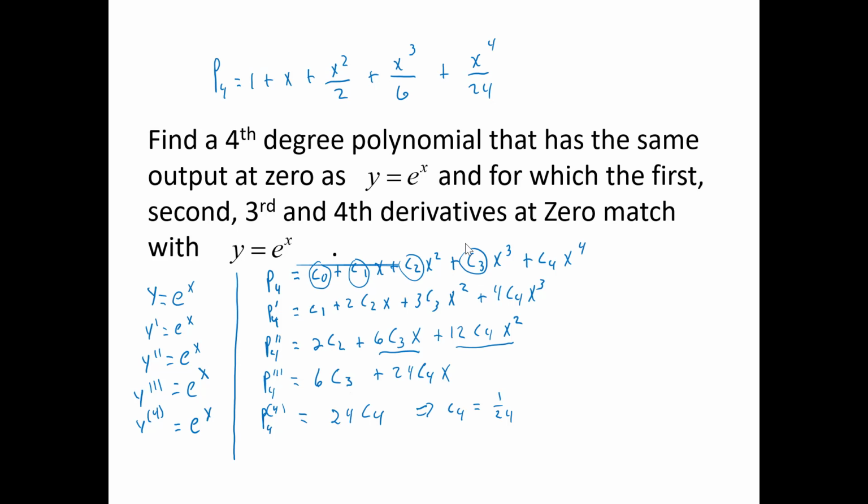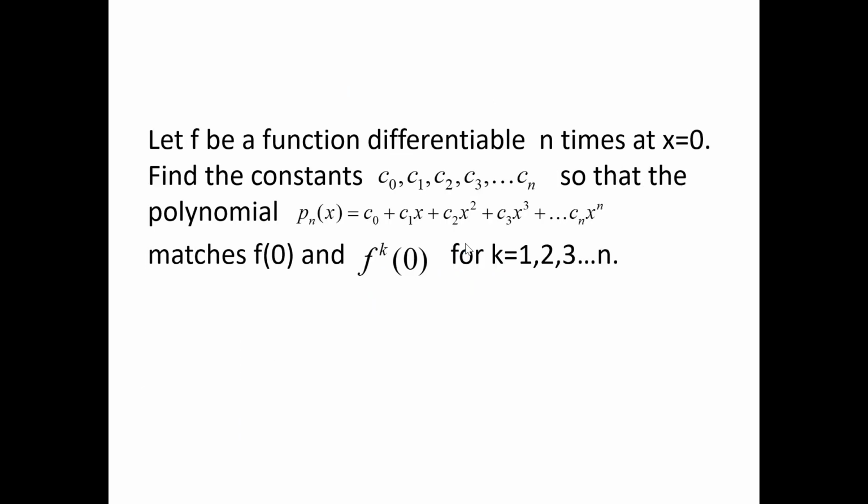And so sometimes it helps to do a problem in general rather than a specific problem. Here we are working specifically with e to the x, and it's kind of hard to see a pattern. But if we look at a generic function, f of x, then it'll be a little easier to see the pattern. And so that's what I'm asking you to do here.